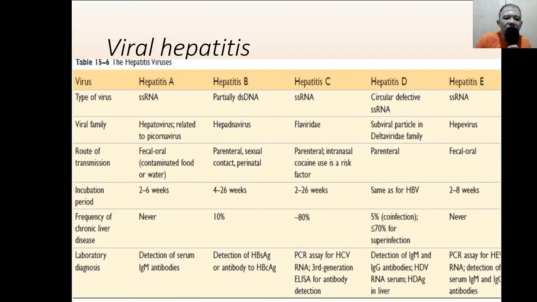Just take note that hepatitis C is the hepatitis that can undergo the most chronic cases. For hepatitis B, majority are acute. For hepatitis A and E, this can never go to chronic phase. That means these are self-limited.